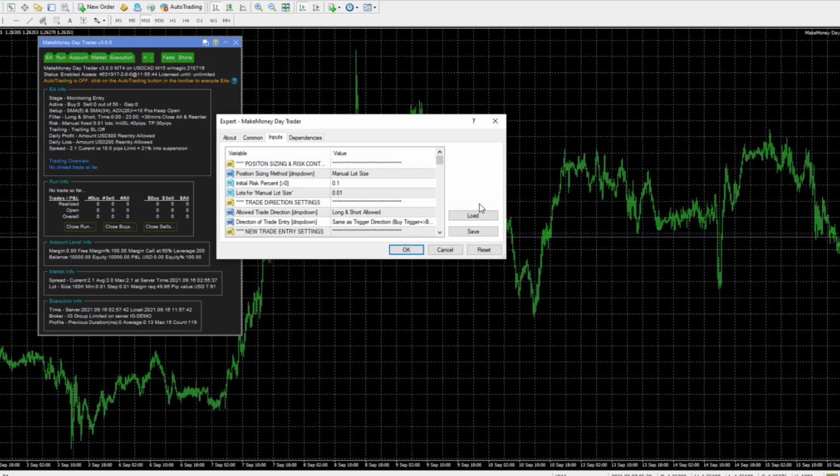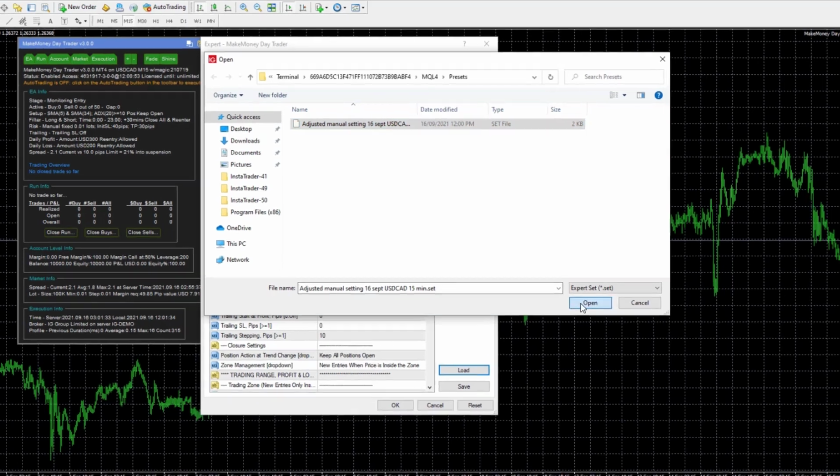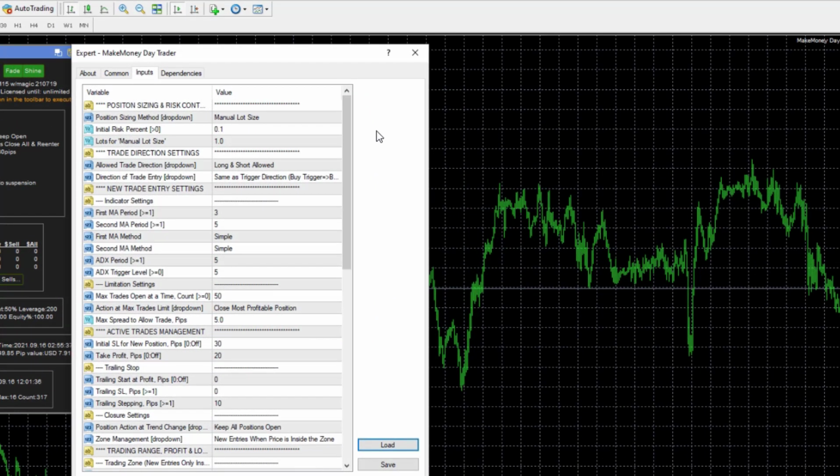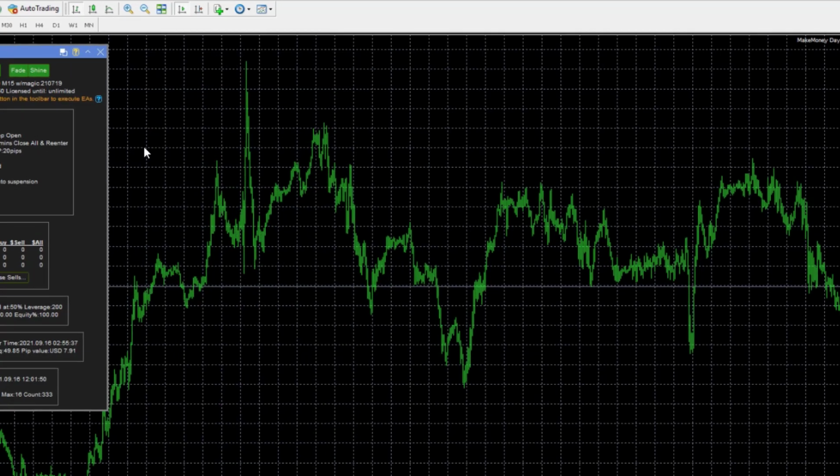I go into inputs and then I say load, and there will be nothing there, but what I then do is I paste that set file that I had finalized in the test platform. So I say open, and you'll see that the settings from that set file have come across. There's the 3.5, the 30, and the times 15. So that's how you do it, and now this one is set up to trade.